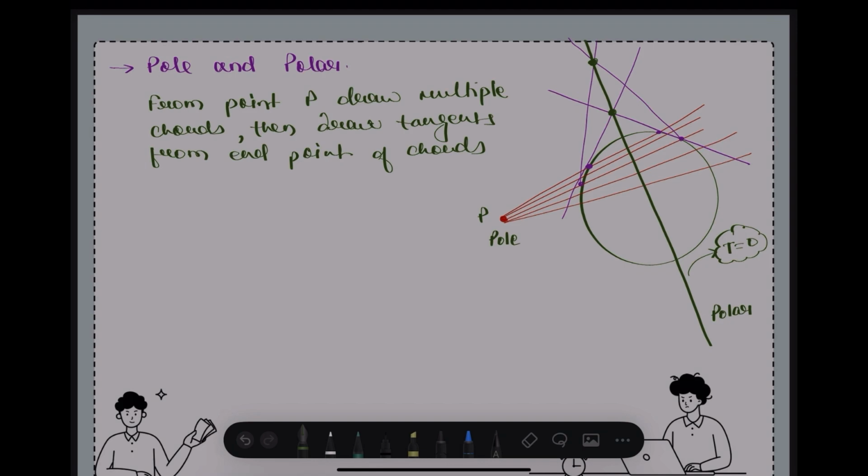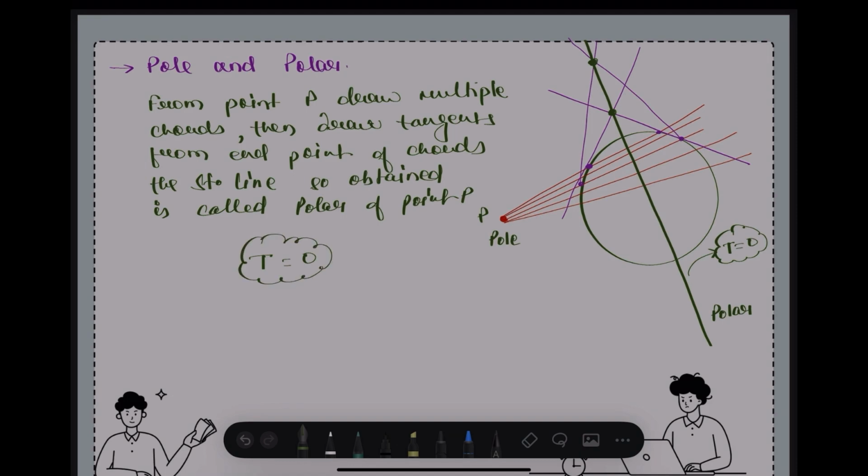Okay, the straight line so obtained is called the polar of point P. Okay, so how will we get that equation? It is T equals to 0.